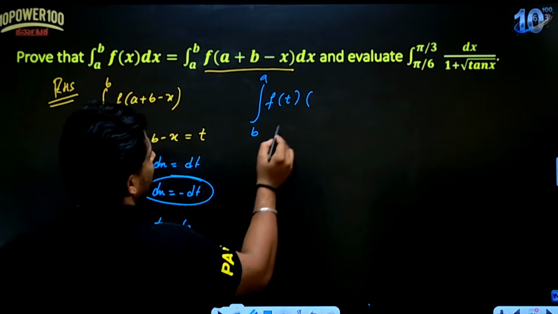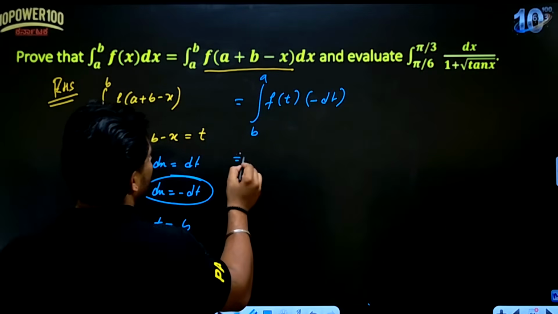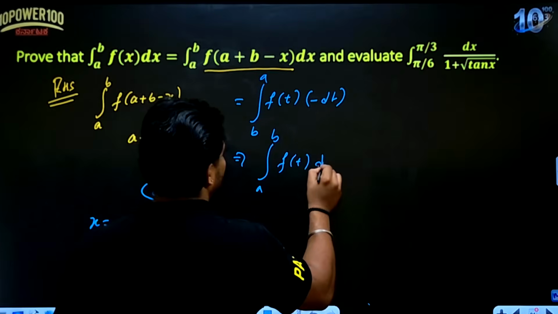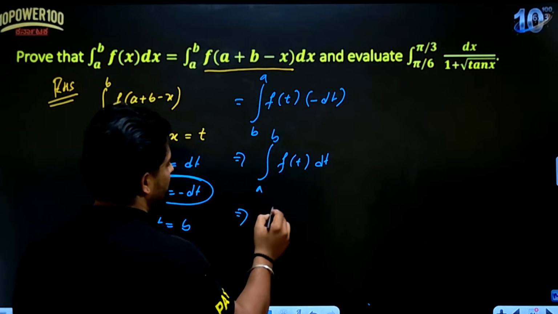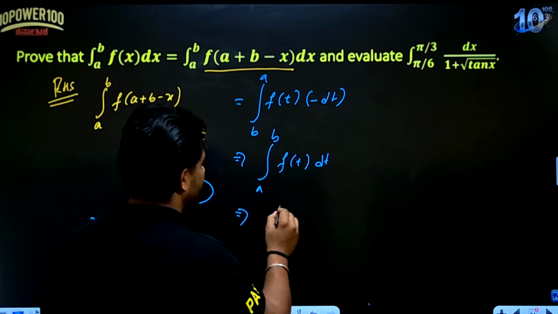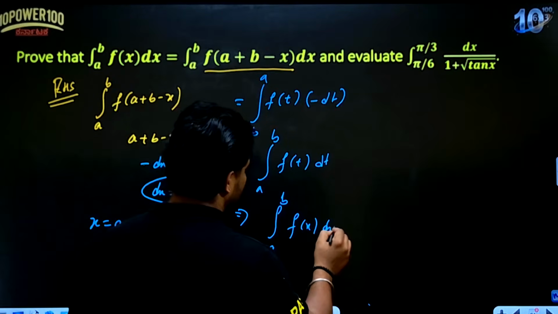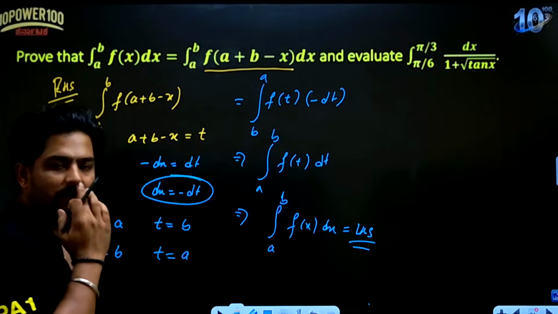So once again, this minus will flip the limits, and this becomes a to b, f of t dt. And then integration of f of t we can change to f of x. So a to b, f of x dx. This is nothing but LHS. So we got the same LHS, and the proof is done.